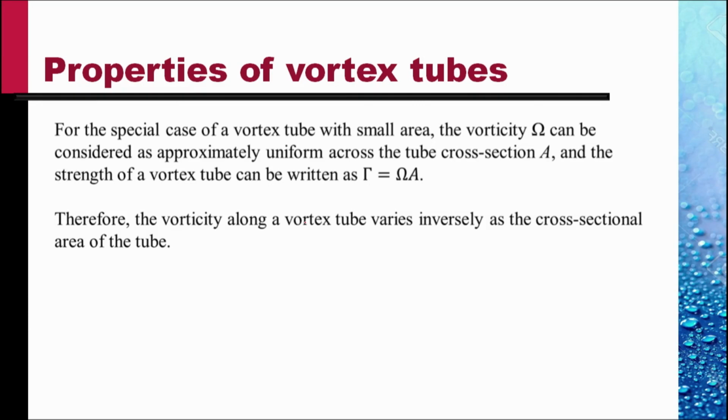For the special case of a vortex tube with small area, the vorticity omega can be considered as approximately uniform across the tube cross-section A, and the strength of the vortex tube can be written as gamma is equal to omega times A. Therefore, if we stretch the vortex tube, and since it is a material tube, it consists of the same material.